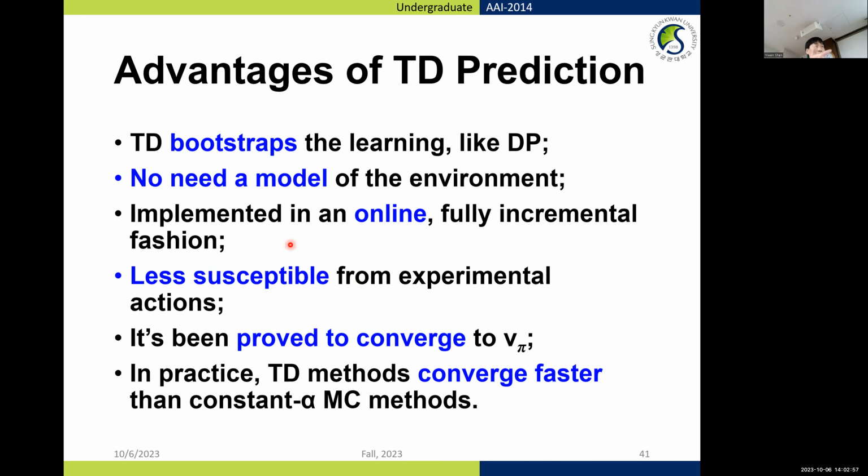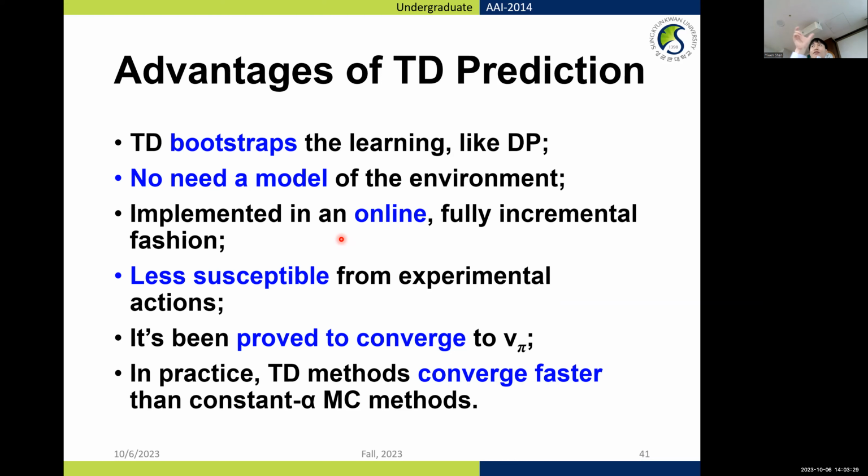No need for a model. This is what we got from the MC, Monte Carlo methods, implemented in an online, fully incremental fashion. Previously, when we derived the weighted importance sampling, we needed to derive some incremental implementation rule for it. But here, TD is naturally an incremental implementation.